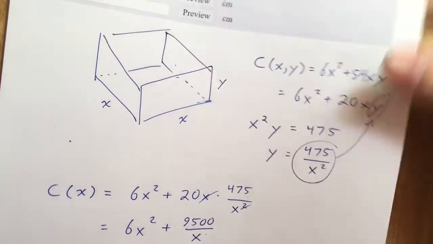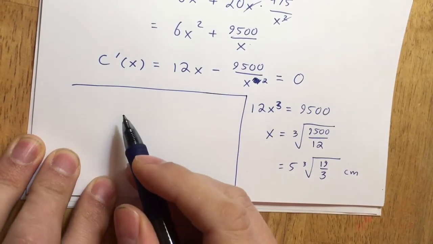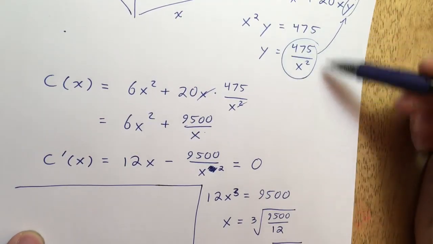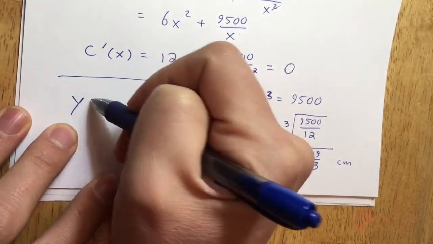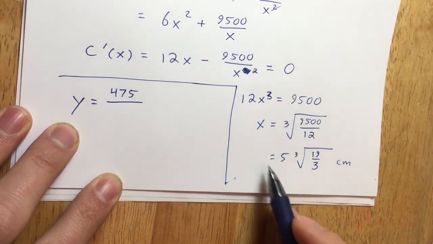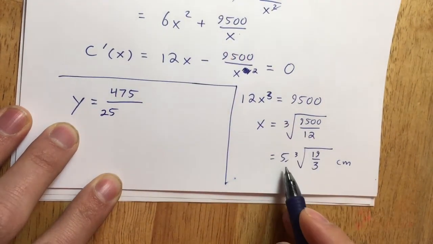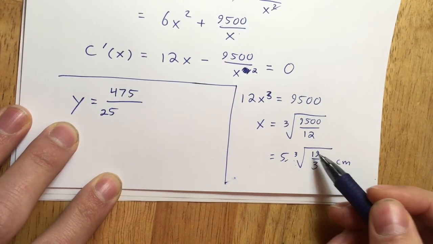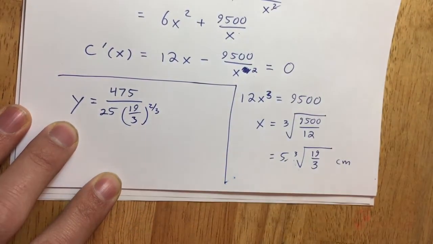But we also have to find the height of the box. We have a relationship between y and x, so just use that. y equals 475 divided by x squared, but what is x? It's this. If I square this, I get 25 when I square the 5, and I square the cubed root, which is the same thing as raising to the 1/3 power, so that's the 2/3 power.